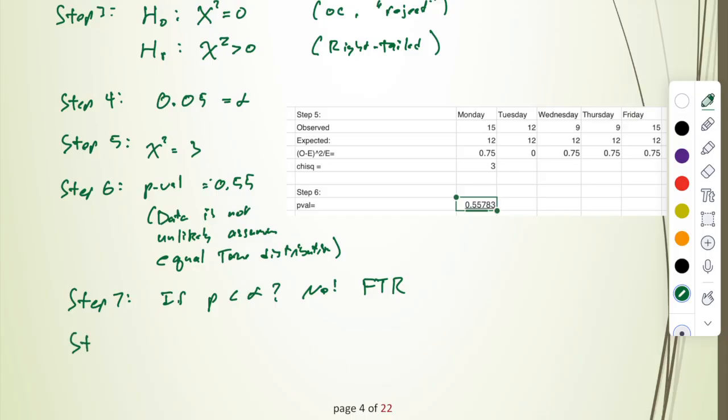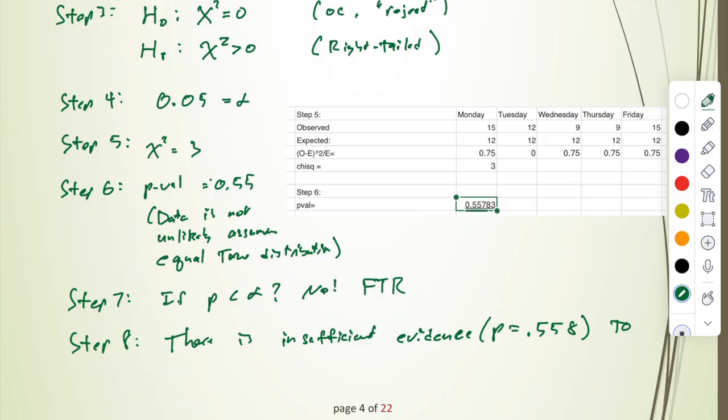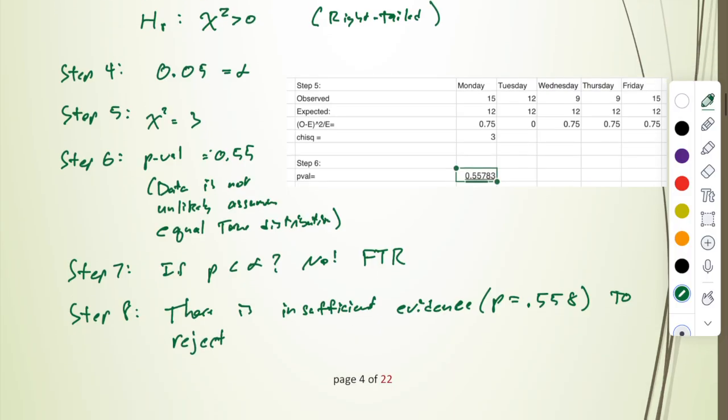And so step 8, therefore, is, since I'm failing to reject, there is insufficient evidence, P equals 0.558, to reject. Remember, the original claim was in the null hypothesis.